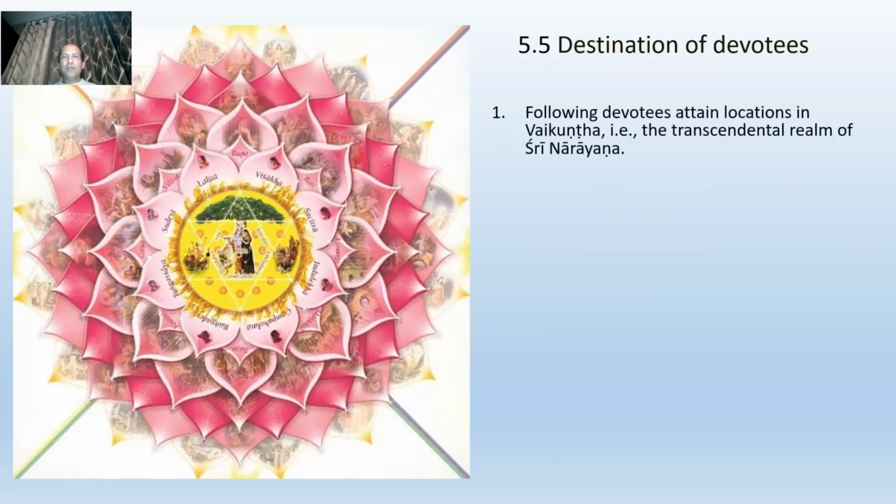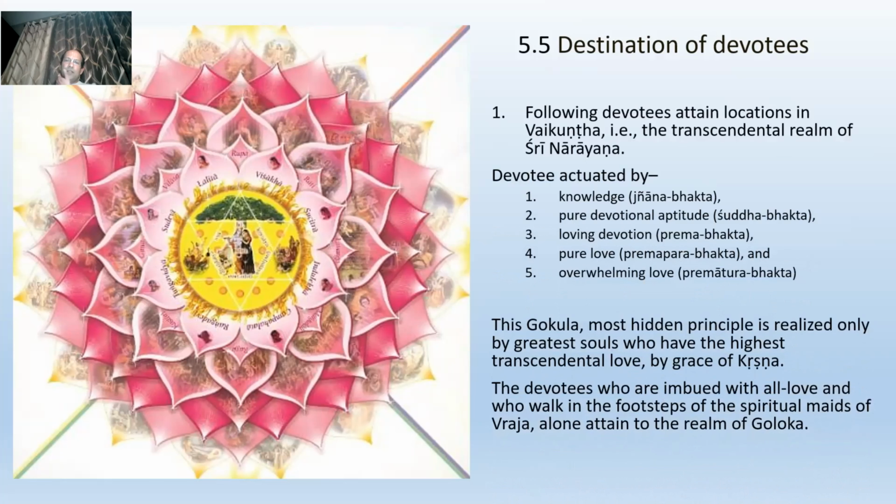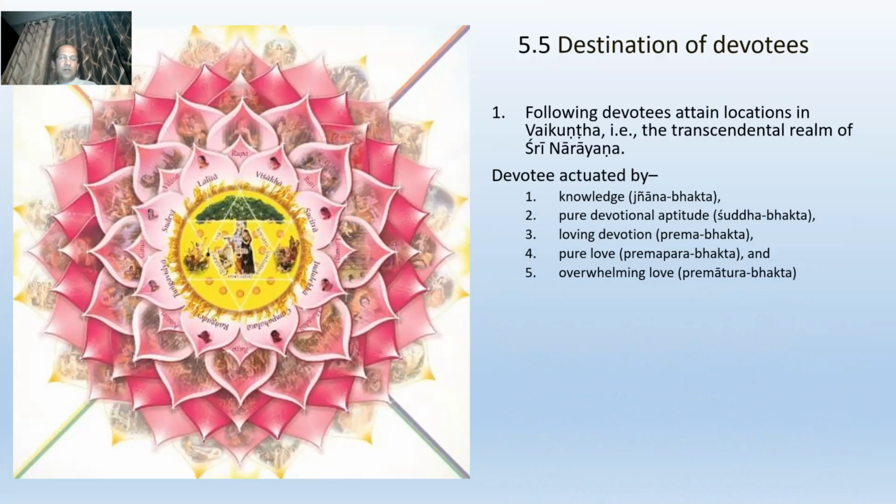So continuing, there is something very interesting I found in the purport here, that even devotees of different categories do not get to Goloka Vrindavan. Those mentioned in the purport are the Jnana Mishra Bhakta, who are in knowledge; even the devotees in pure devotional aptitude, the Shuddha Bhakta, who are not in the tinge of any of the material modes of nature; or those engaged in devotional service of the Lord in loving devotion, the Prema Bhakta.